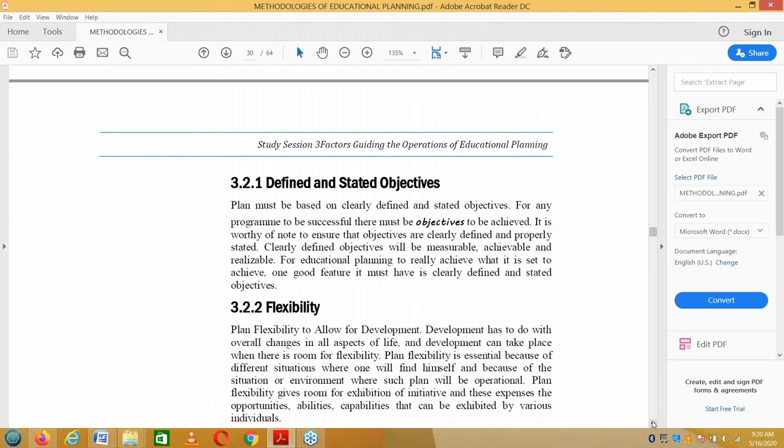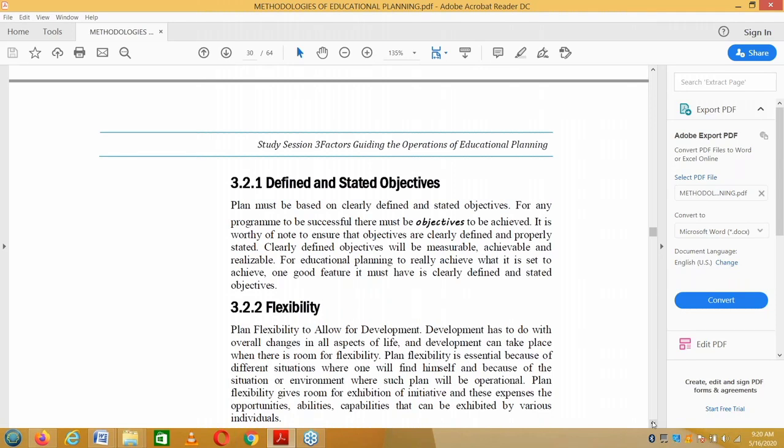I explained that planning is everyone's business because everybody needs to plan. Every organization needs to plan. But at this level of planning, clearly stated objectives must be put in place.